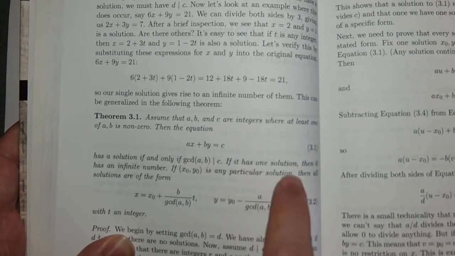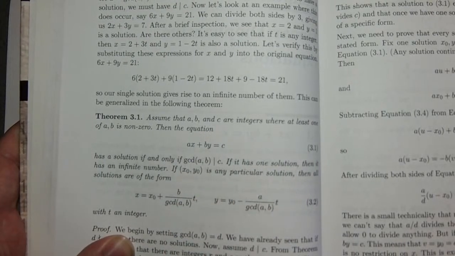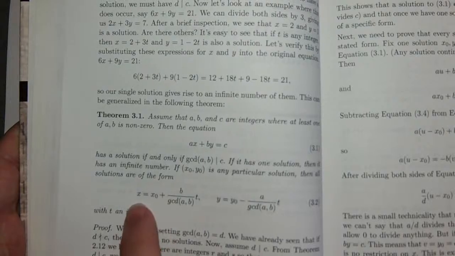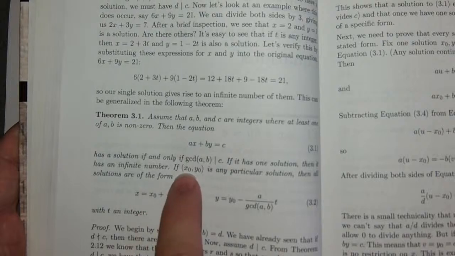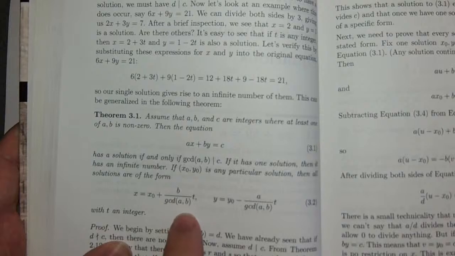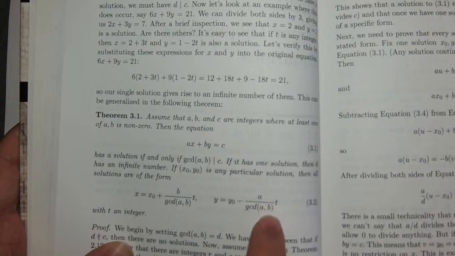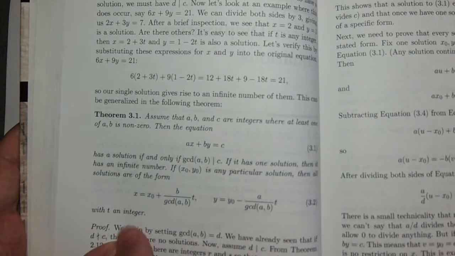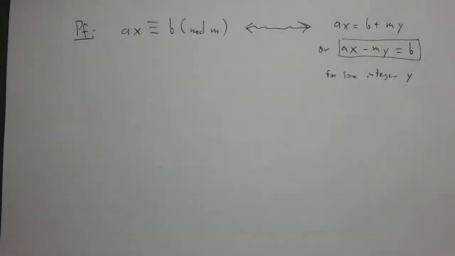And if it has one solution, then it has an infinite number. And if x naught, y naught is any particular solution, then all solutions are of the form x is x naught plus b over the GCD of a and b times t, and y is y naught minus a over the GCD of a and b times t, with t some integer. Okay, that's reminding you what Theorem 3.1 says.